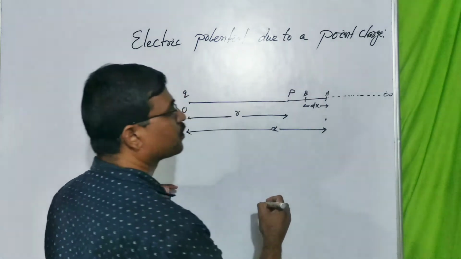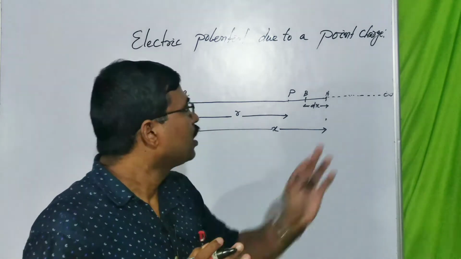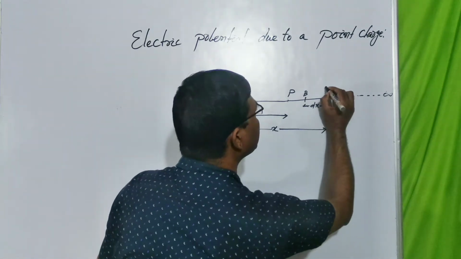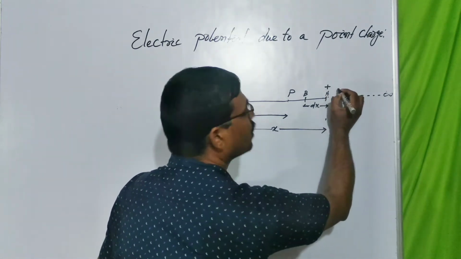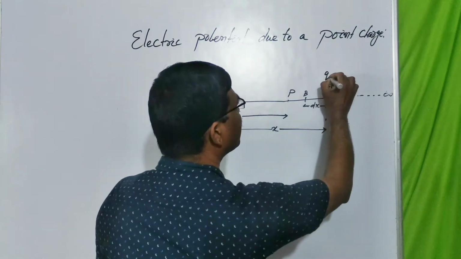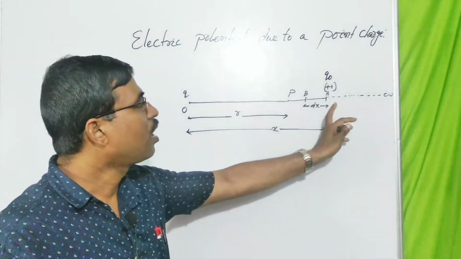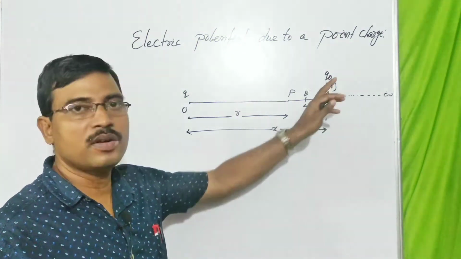To calculate the work done, you will keep a unit positive charge, q0 equal to plus 1. There are two methods of taking this value, I will tell.